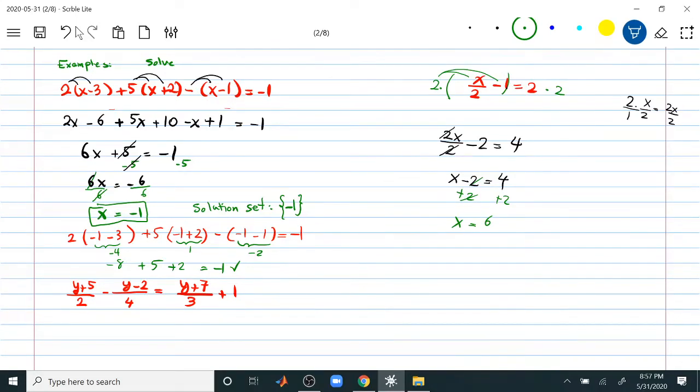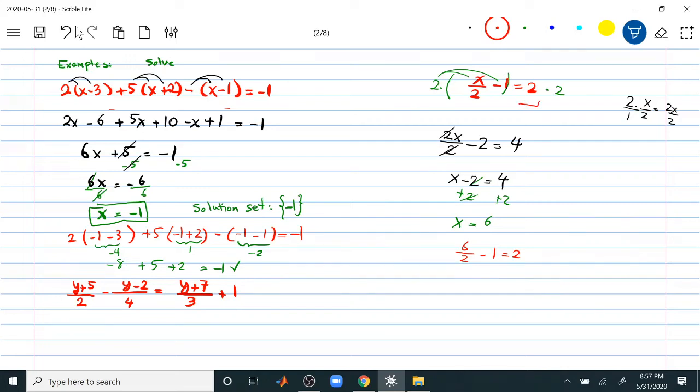Is it the solution? I really don't know. We have to check. So how do we check? We go back to the original equation, the one written in red, not the one with the coefficient 2. So I replace x with 6. 6 over 2 minus 1. What does that end up as? 6 divided by 2 is 3, minus 1.